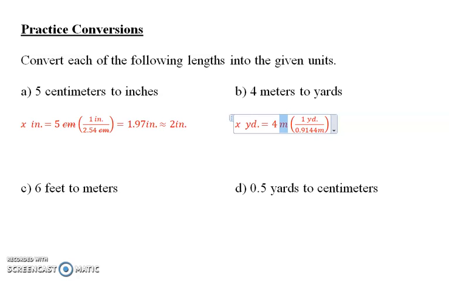So the meters are going to divide out and give us yards. That's why we did it. And when you're calculating this on your calculator, you're actually dividing these, right? So it's 4 multiplied by 1 divided by 0.9144. So we go to our calculator, we take 4, we divide it by 0.9144, and we get 4.3744, whatever. So we can just round it. You can round it to 1 or 2 places, it's fine.